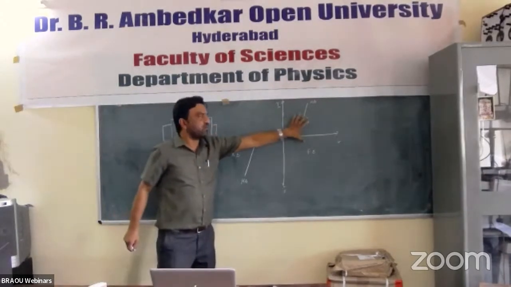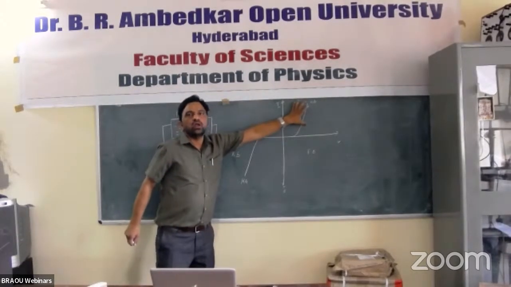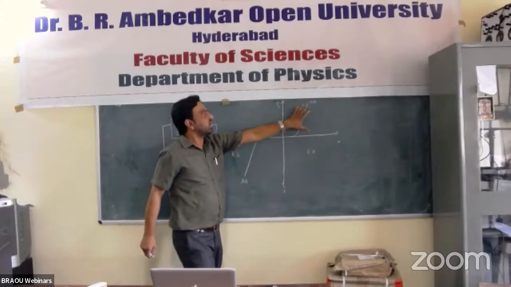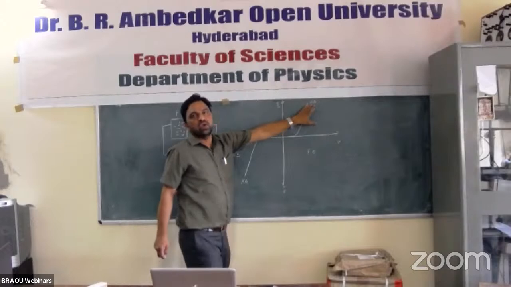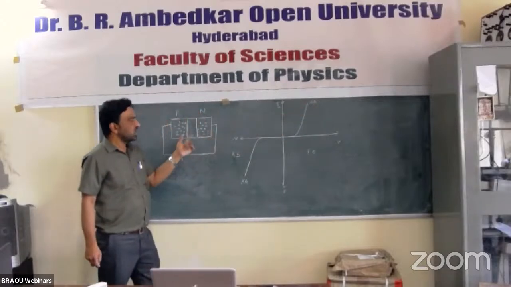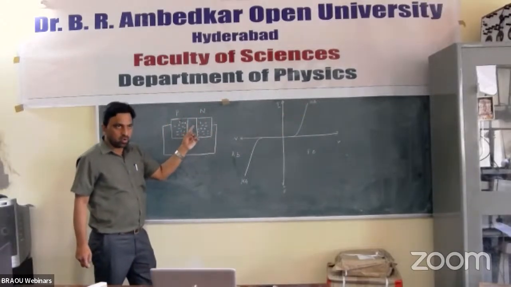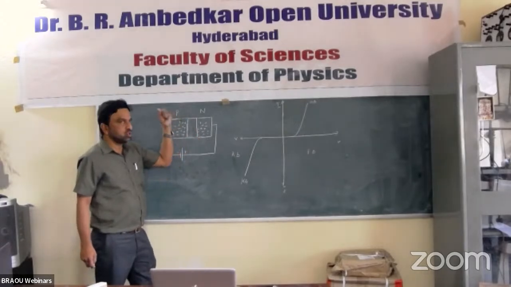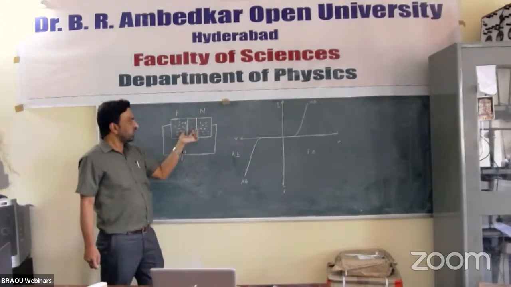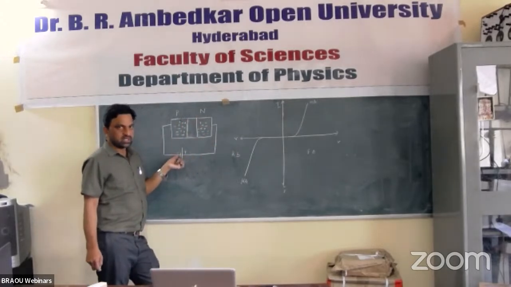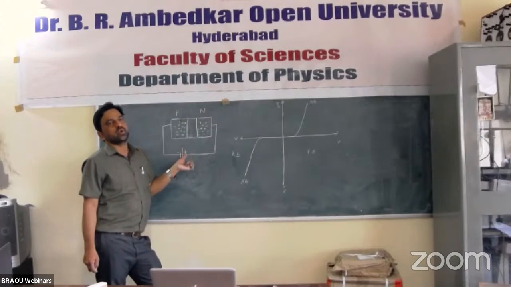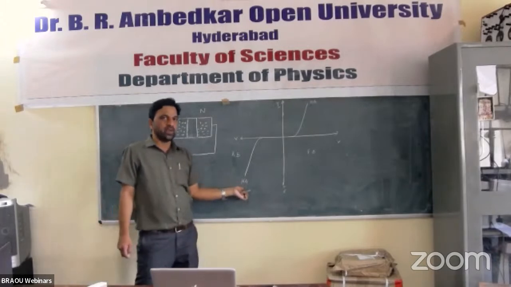Whereas in the case of the forward bias, we have seen that due to conduction the current flows in the order of milliamperes. In the case of reverse bias, there is no flow of charges, that means no flow of current. Even then, if you change the voltage of this battery, some current shows in the order of microamperes.